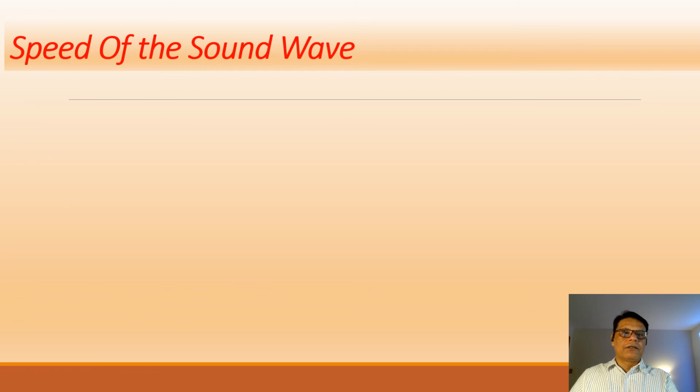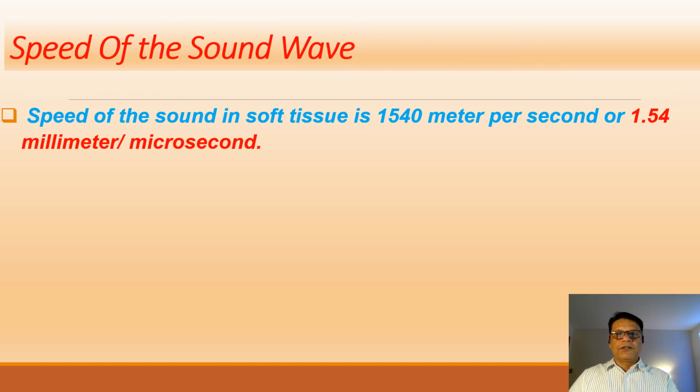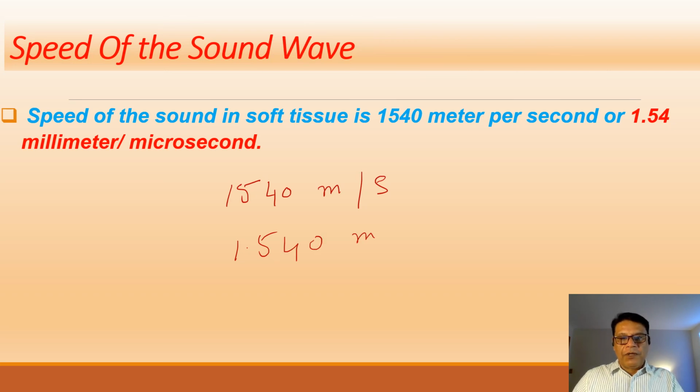Let's say a few words about the speed of the sound wave. The speed of sound waves in soft tissue is 1540 meters per second, and in millimeters per microsecond it is 1.540 millimeters per microsecond.